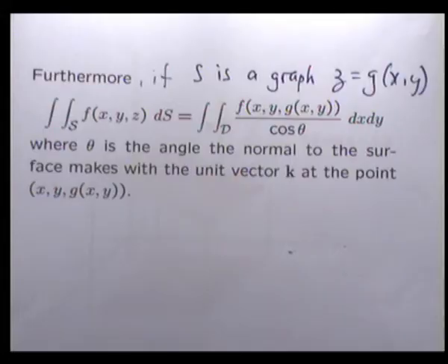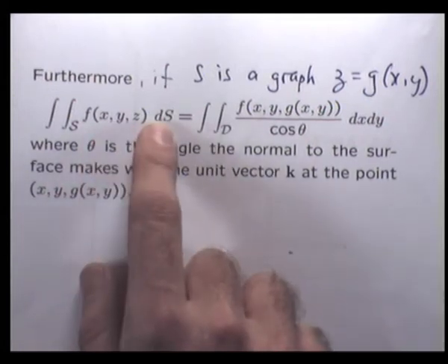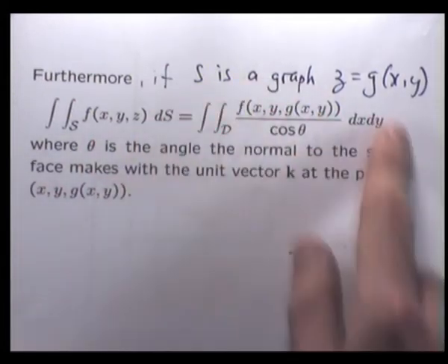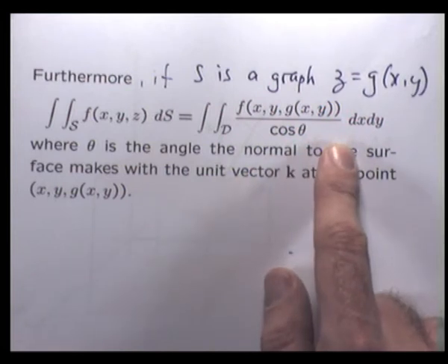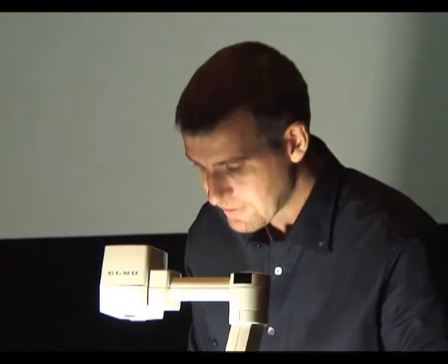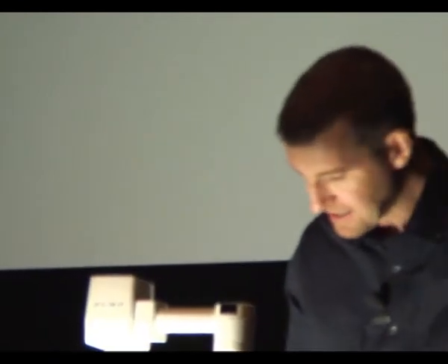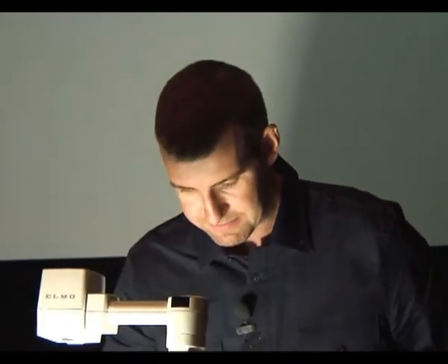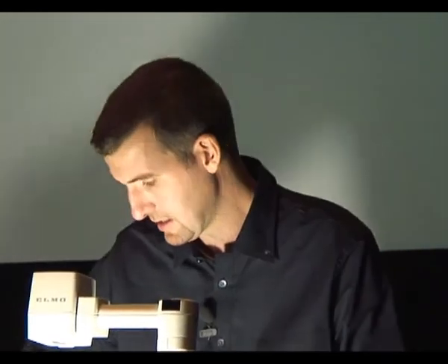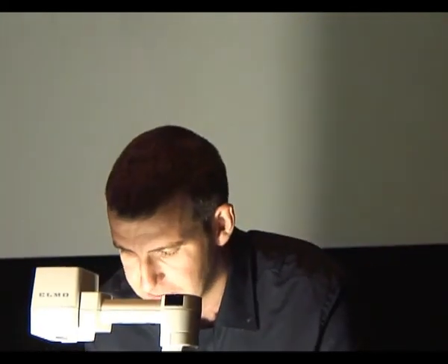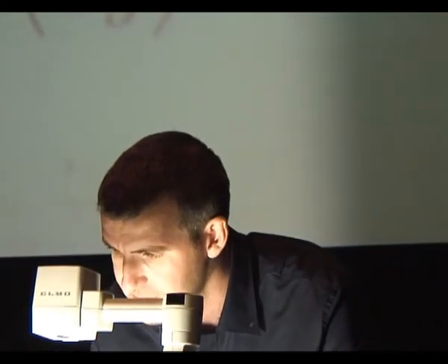You can compute the surface integral using this representation. Okay? So how do we prove that? Well, basically what we're going to do is go back to the previous theorem.